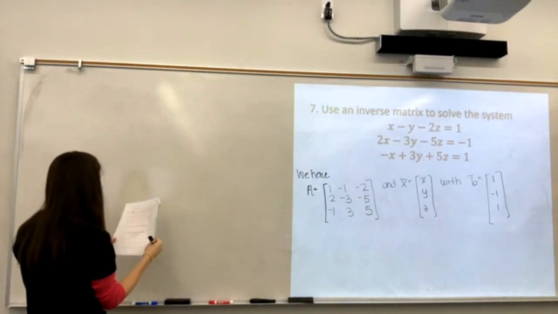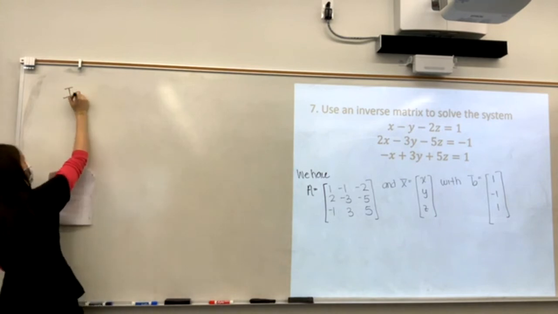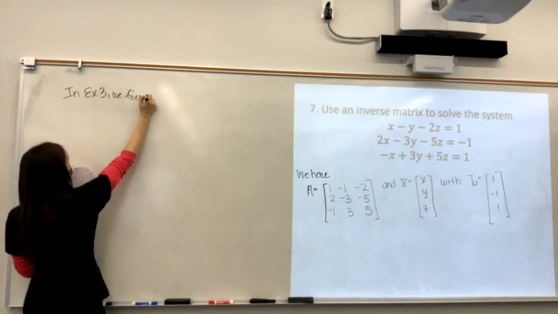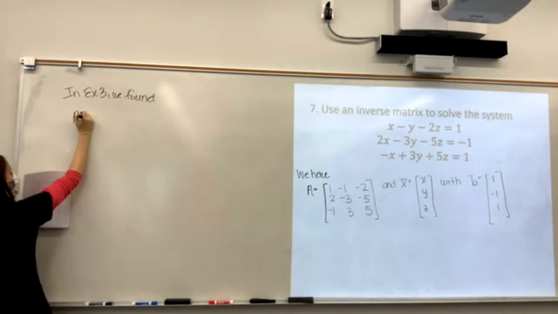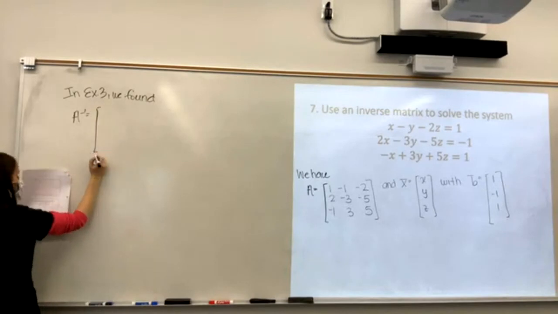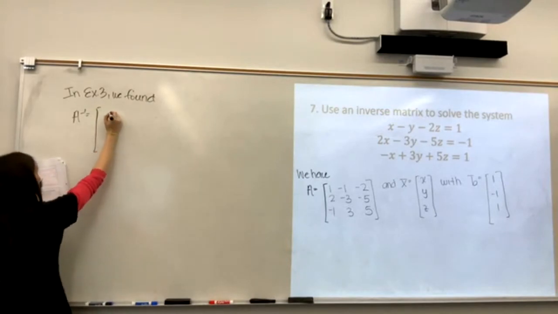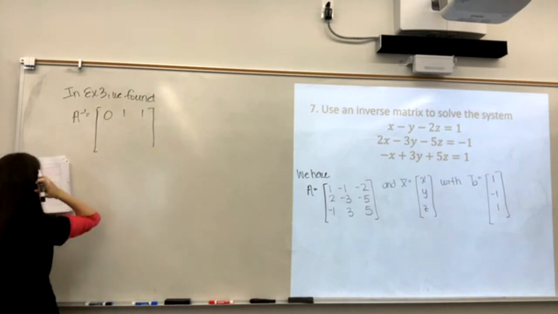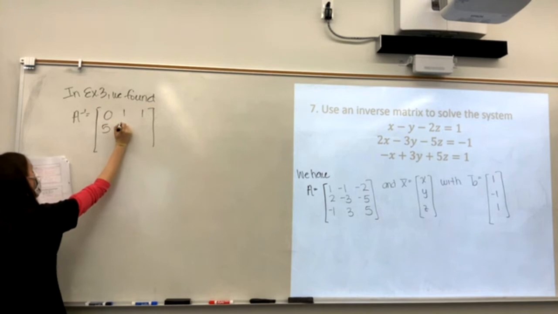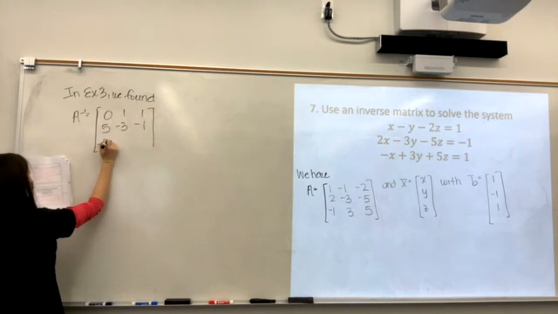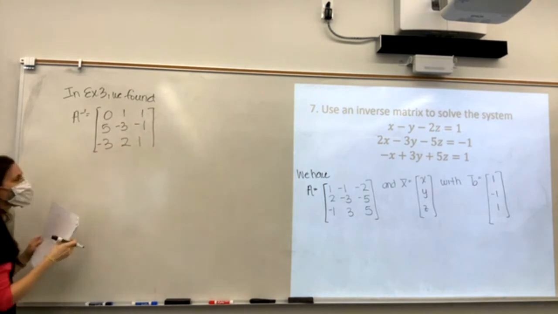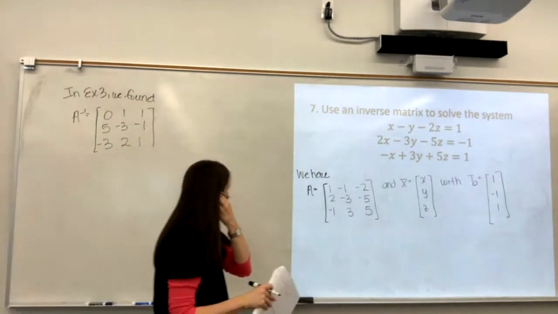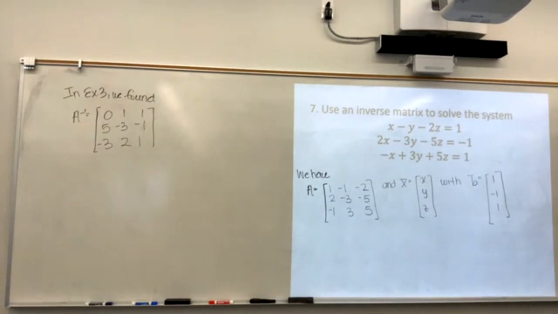Okay, so in example 3, if you look back in this section, we already found A inverse. So we're not going to redo it. And A inverse was 0, 1, 1, 5, -3, -1, -3, 2, 1. We already found that.